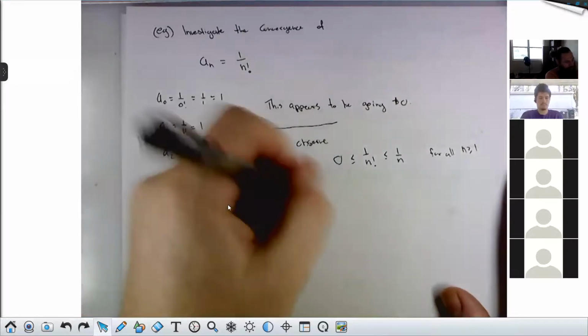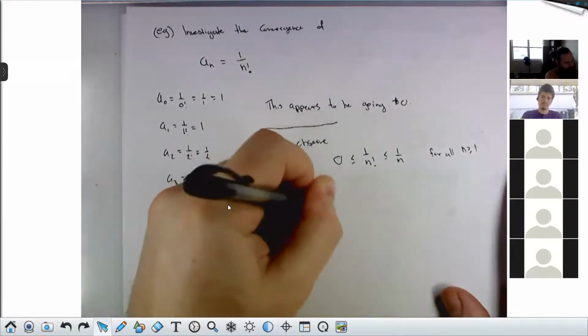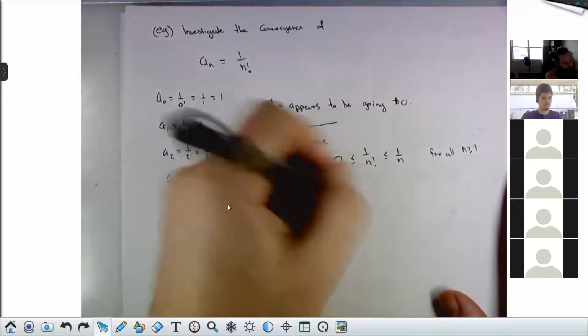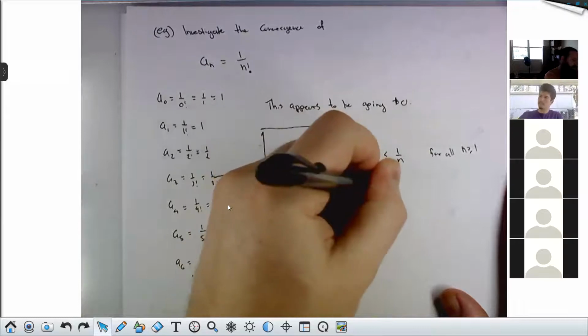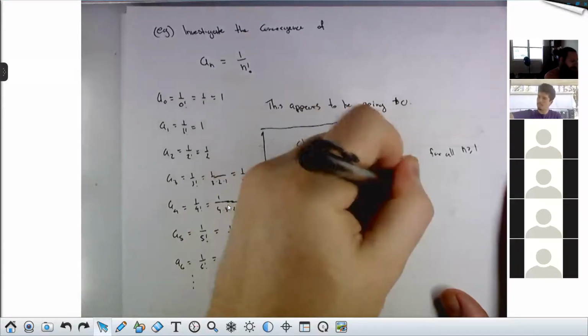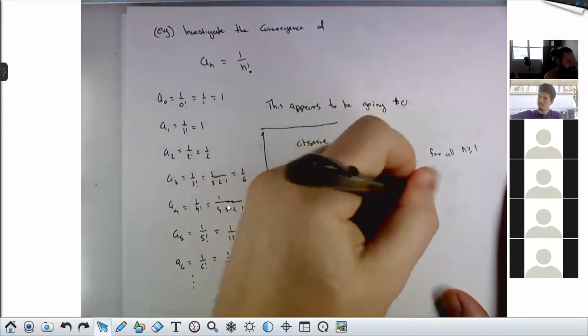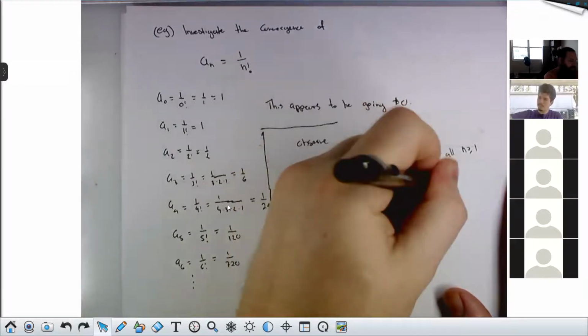So the limit as n goes to infinity of 0 is less than or equal to the limit as n goes to infinity of 1 over n factorial, which is less than or equal to the limit as n goes to infinity of 1 over n.